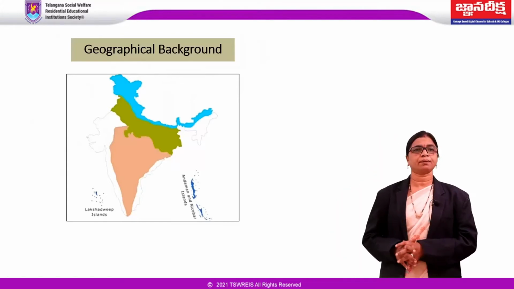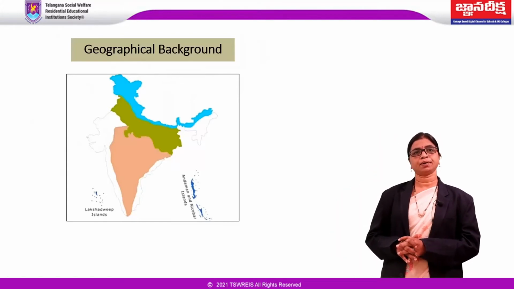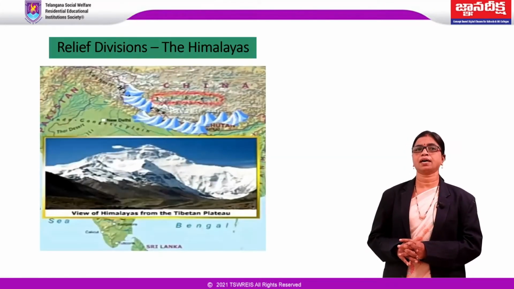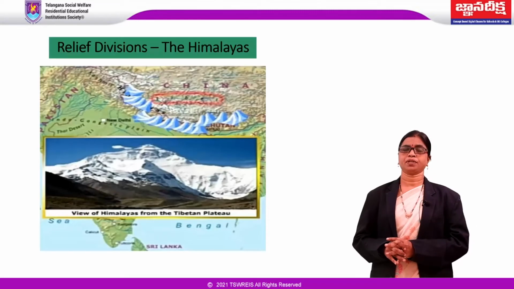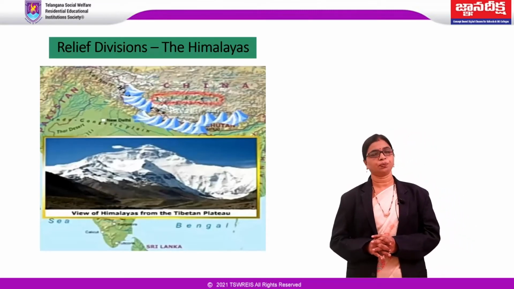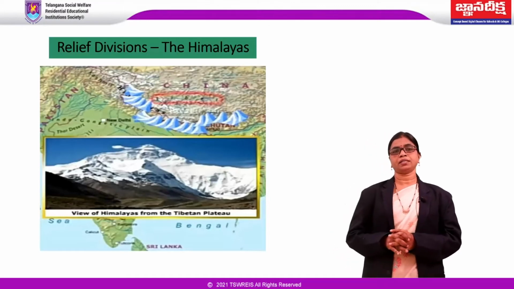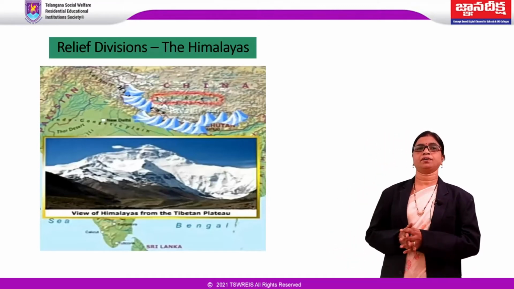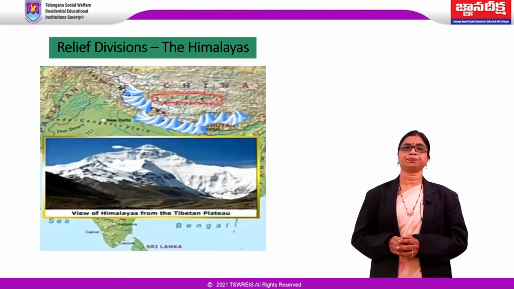Now let us study about the relief divisions, the Himalayas, in detail. The Himalayan mountains are the highest mountains in the world. The name Himalaya means abode of snow. It is a mountain range in Asia which separates the plains of the Indian subcontinent from the Tibetan plateau.